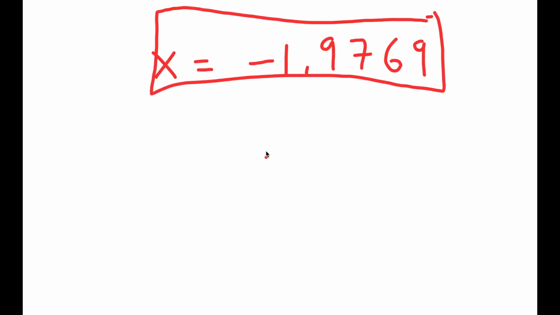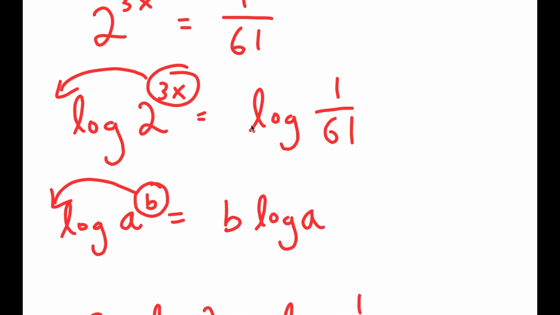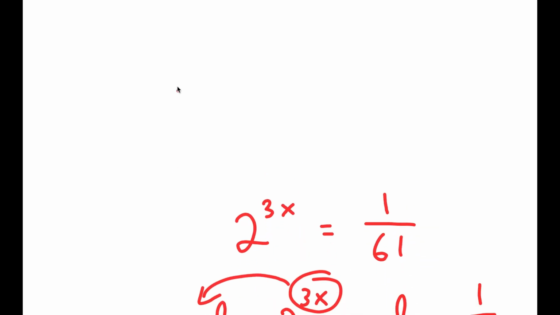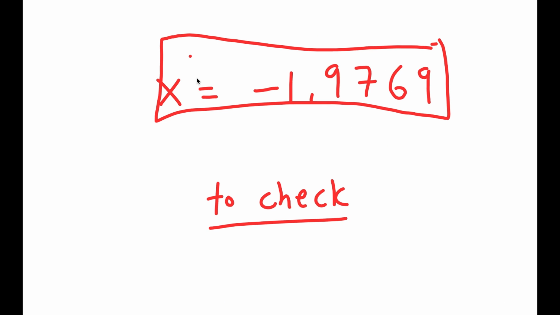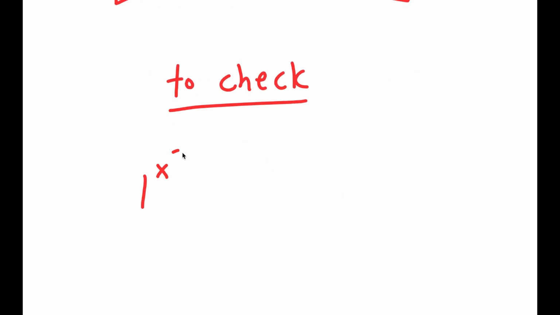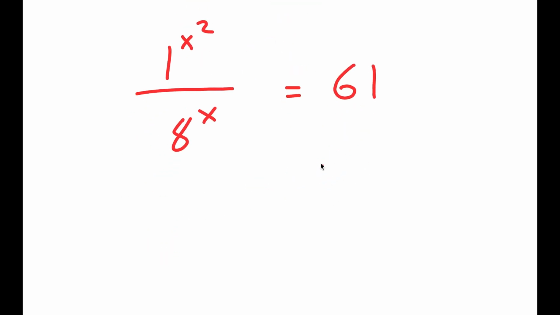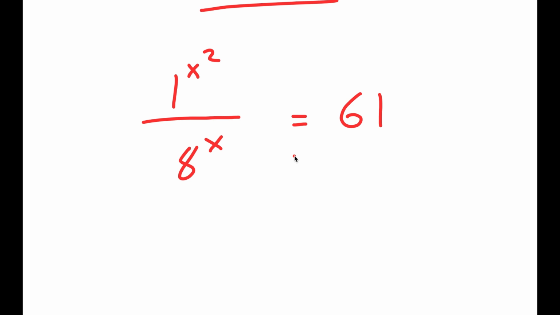And now we're going to do a very important step. We're actually going to be checking if this is right. So let's go back to our original equation, which was 1 to the power of x squared over 8 to the power of x is equal to 61. So this was our original equation.